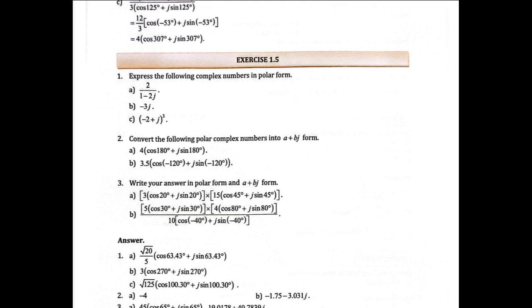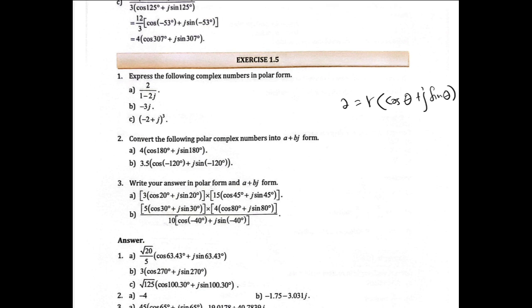So to summarize this topic, polar form is a form of z equals r (cos theta plus j sin theta).